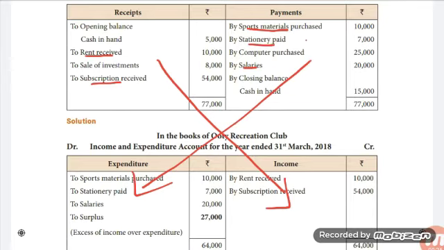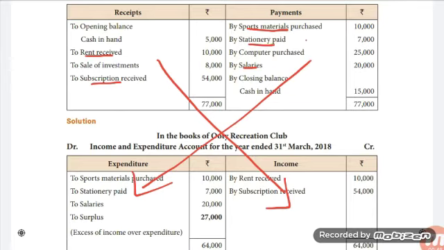Okay children, see the question. I already told you, you do not take the opening and closing balance of the receipts and payments account. Then what are the other items on the debit side of receipts and payments account? Okay children, you can leave opening cash balance.